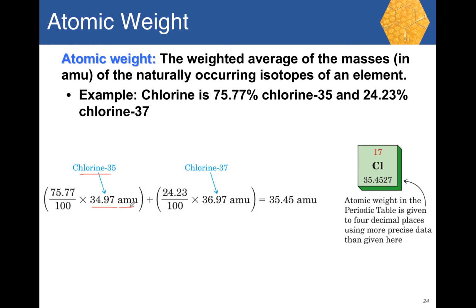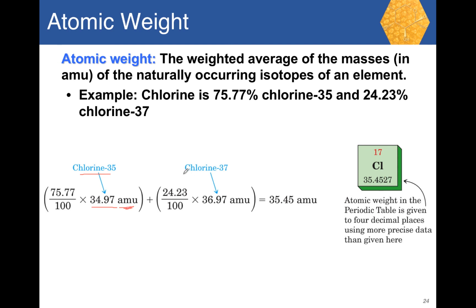Notice again, it's AMUs, not grams, so it's atomic mass units. That's the weight that has to be given. That's weighed in the lab. You can imagine a very precise, accurate balance. Not really a balance, but it's estimated based on other experiments.